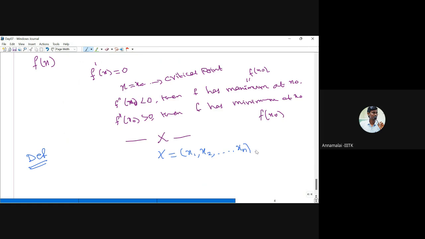We discuss the general case. Suppose capital X I denote the n tuple x1, x2, etc., xn. So simply we can denote f of x. What is actually f of x? It is nothing but f of x1, x2, etc., xn. A function of n variables is simply denoted f of x.